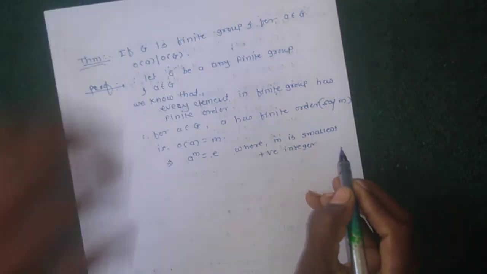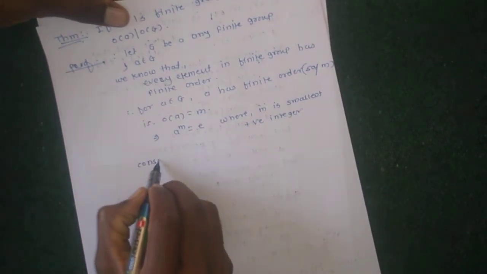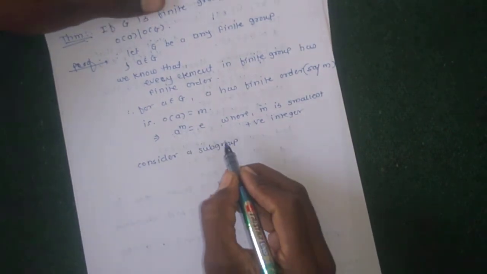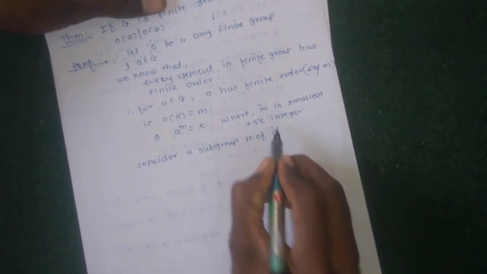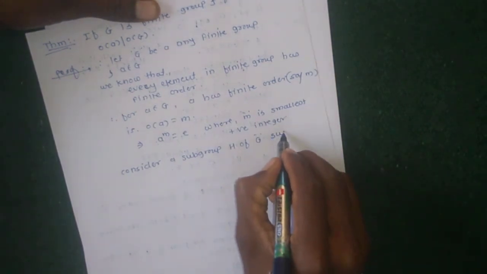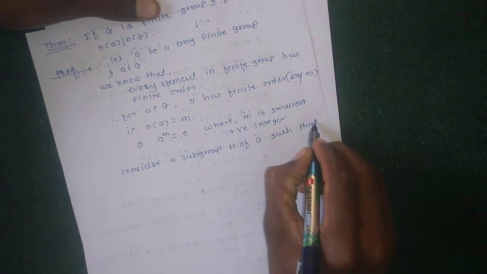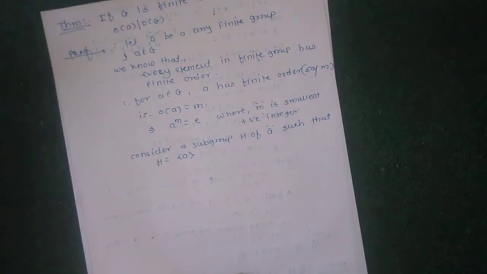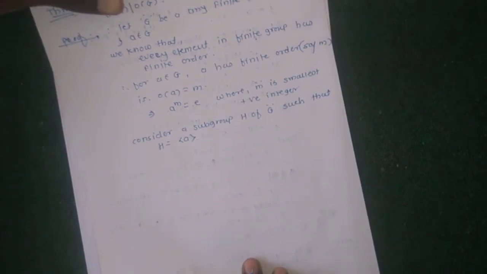Then consider a subgroup H of G. Suppose that we choose one subgroup of G which is generated by a.